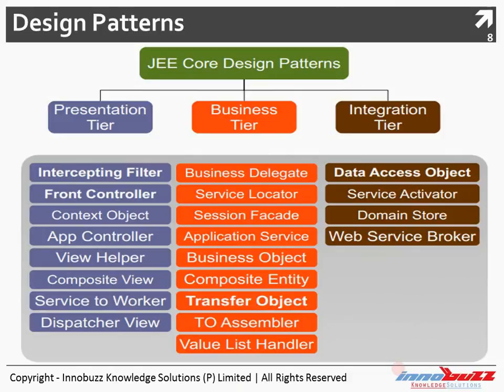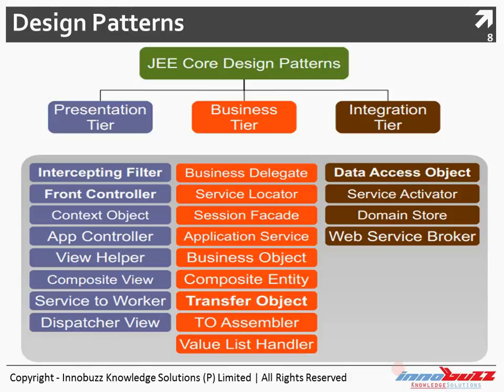In the presentation tier, you have intercepting filter, front controller, context object, application controller, view helper, composite view, service to worker, dispatcher view. These are all applied on presentation components.